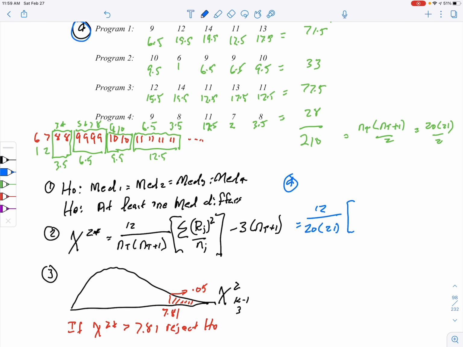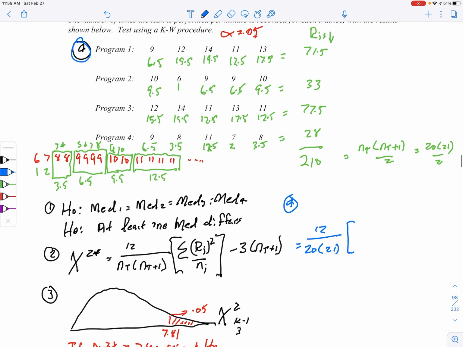And then we've got, let's see, so the first RJ is 71.5 squared, and then divide it by 5, which is its n. Now the n's can be different, of course, in another problem, but these are all 5.